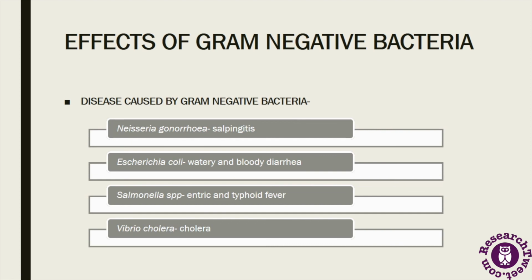So these are some of the most common and most effective diseases caused by gram-negative bacteria. These diseases can be cured with the help of antibiotics, but due to the composition of the cell wall, there are several antibiotics which cannot affect gram-negative bacteria, or we can say that gram-negative bacteria can resist the antibiotics.